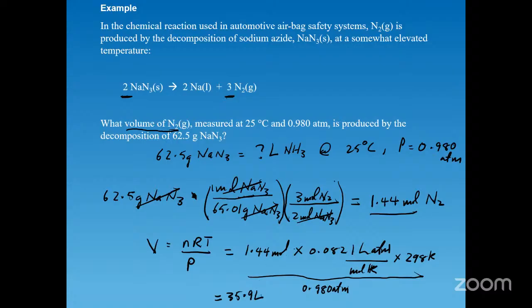And of course, the answer would be liters because the mole units will cancel out here and here. The Kelvin units cancel out here and here. The atmosphere units cancel out here and here. So the final units remaining would be the liter unit, right? So that would be the answer, 35.9 liters. All right? Any questions about this one?